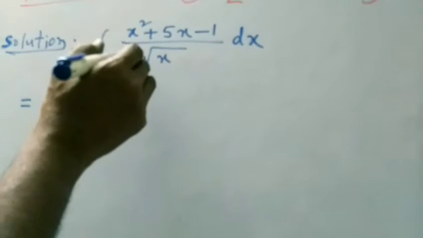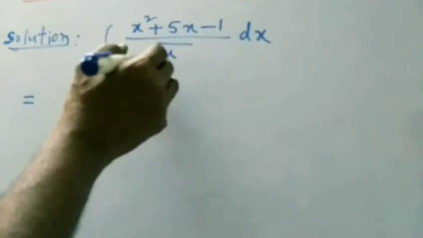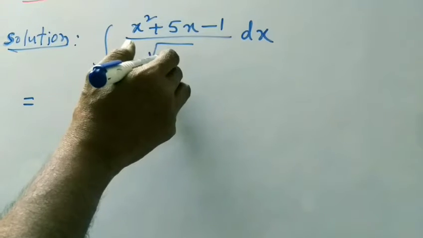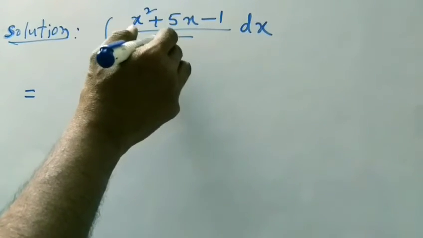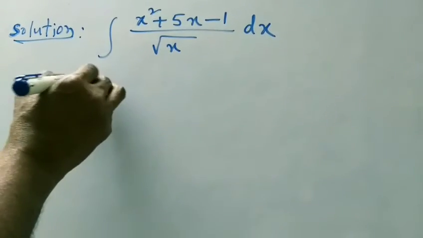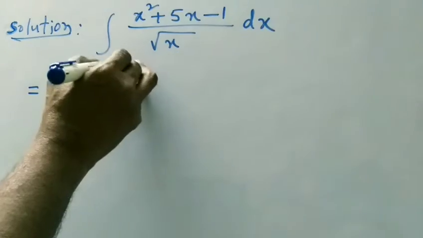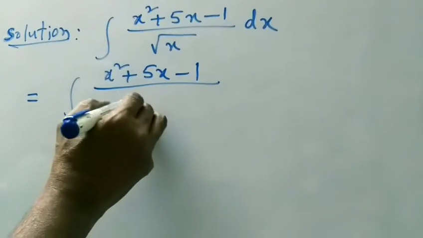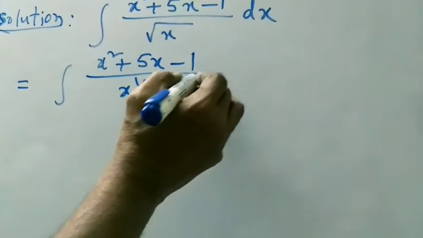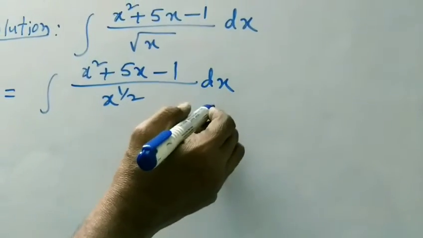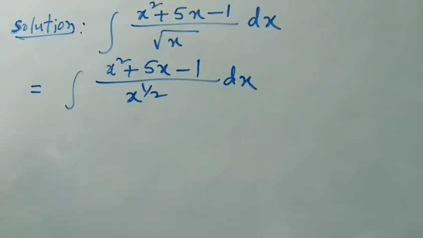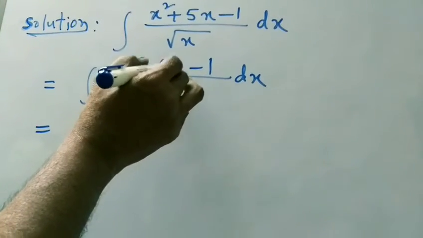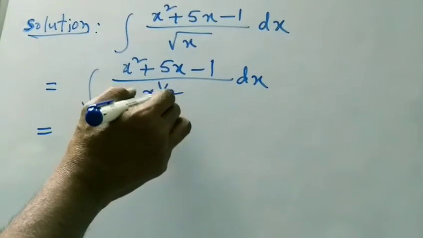Square root of x becomes x to the power of 1 by 2. So it is x square plus 5x minus 1 by x to the power of 1 by 2 dx.